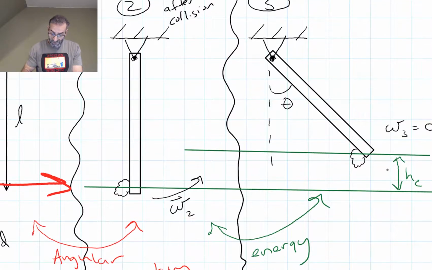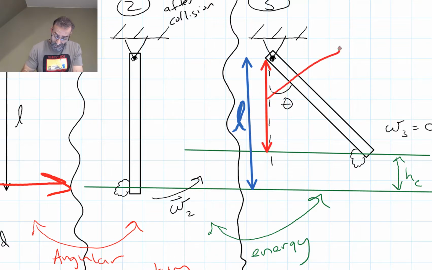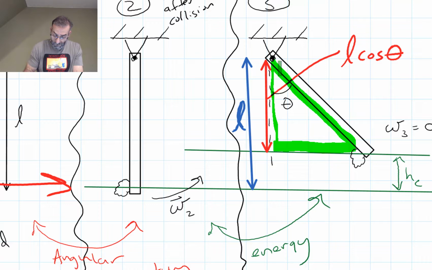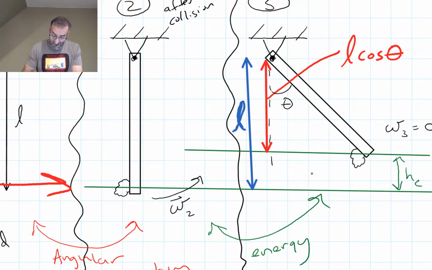So let's take a look at the clay. First, we're trying to find HC. Well, we know this distance here, I'll use blue, this distance right here is the length of our rod, L. And this distance in here, I'll use red, is going to be L cosine theta. If we look at this right triangle here, the hypotenuse is the length of the rod. So the adjacent side is the hypotenuse times cosine theta, L cosine theta. So H sub C is just this gap right here, L minus L cosine theta.